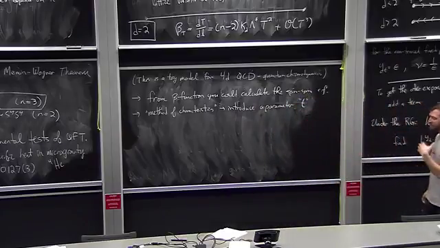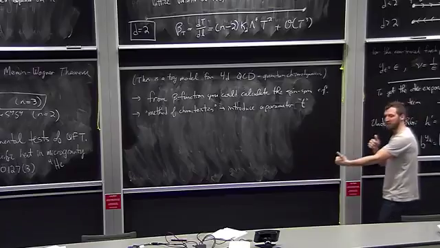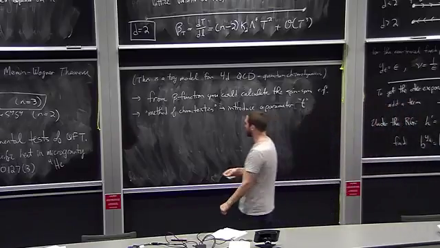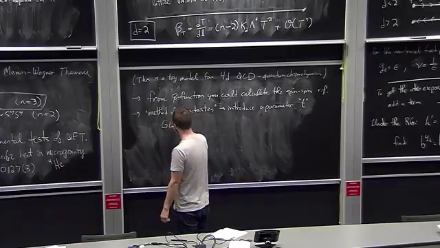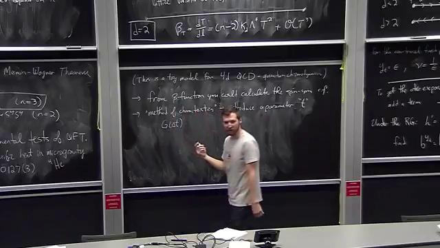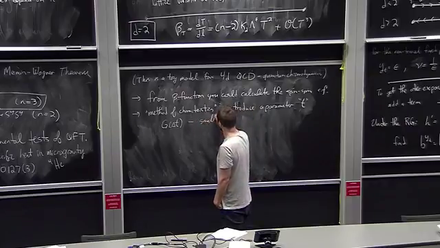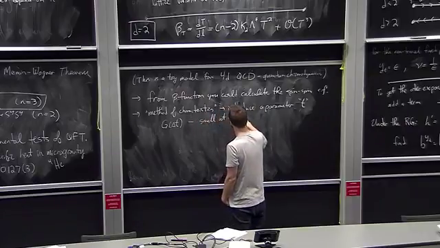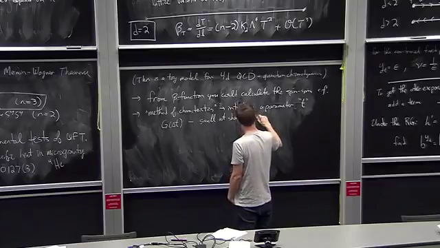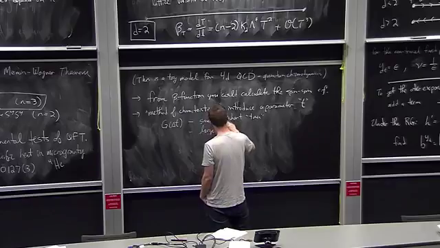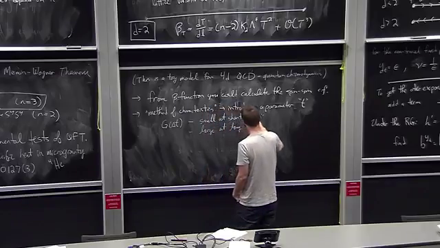You're parameterizing the spin-spin correlation function as a function of distance and time. So it's just some parameter, but that 2-point function, which we've always been calling g, is basically small at short times and large at long times.